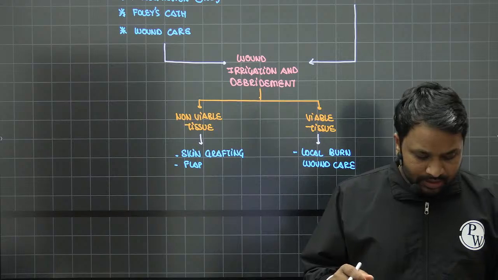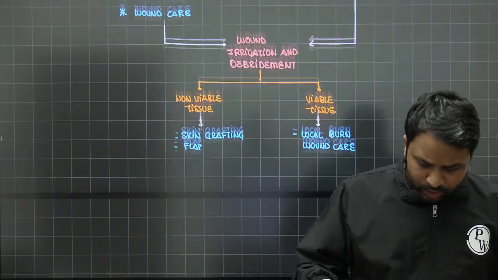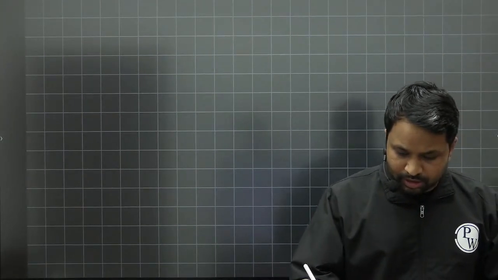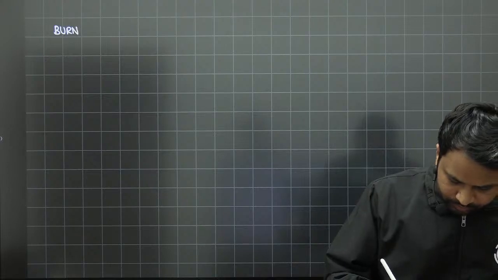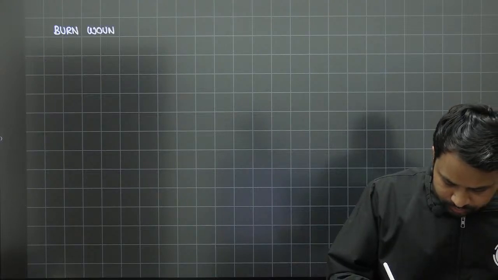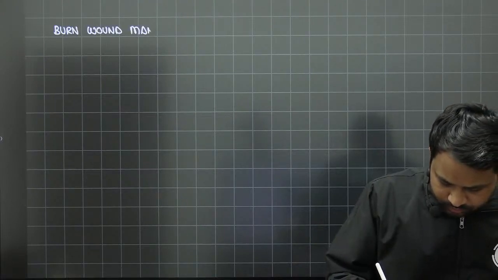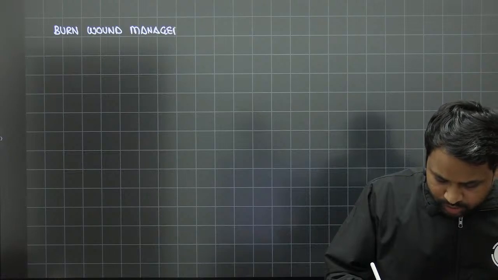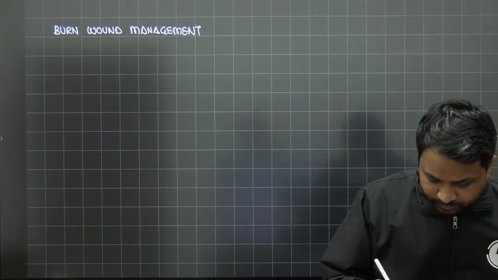ठीक है. Now, when you look at the entire objective of the burns, we'll take it in the context of what we are going to do in a secondary survey. As soon as the patient comes, we talk about the burn management protocols. So we're talking about burn wound management.